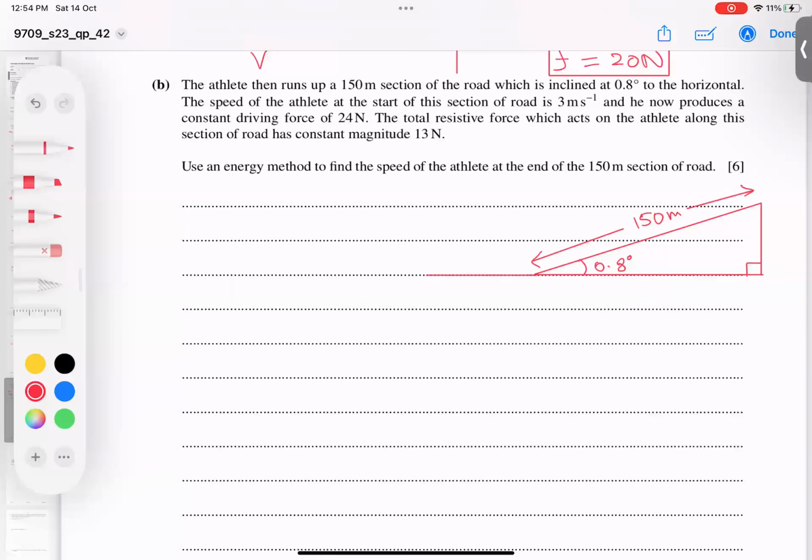And further he's saying, at the start of the section the speed is 3. It means at the bottom the speed u is 3, and now he produces a constant driving force of 24 newtons. So applied force is given there. I can just erase this because distance is confirmed. So u is 3, s is 150 meters, and applied force is 24 newtons.